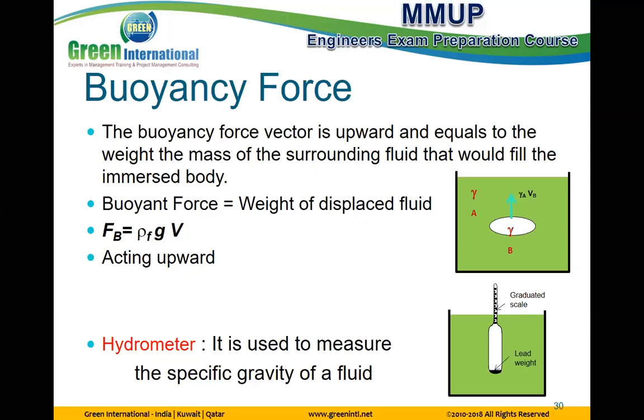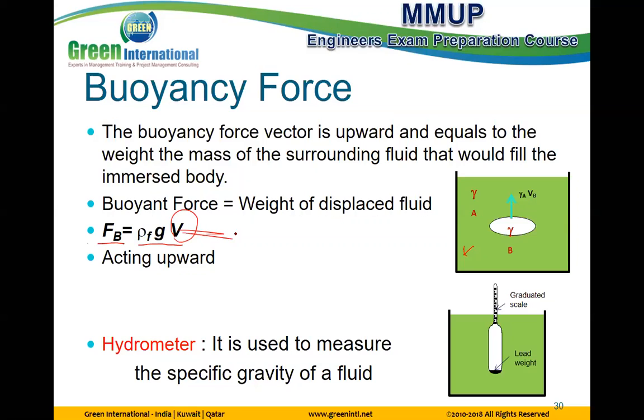So the equation for buoyancy force, as you see here, F_B is equal to rho g V. Rho is the density of the fluid, g is gravity, and V is the volume of the body.